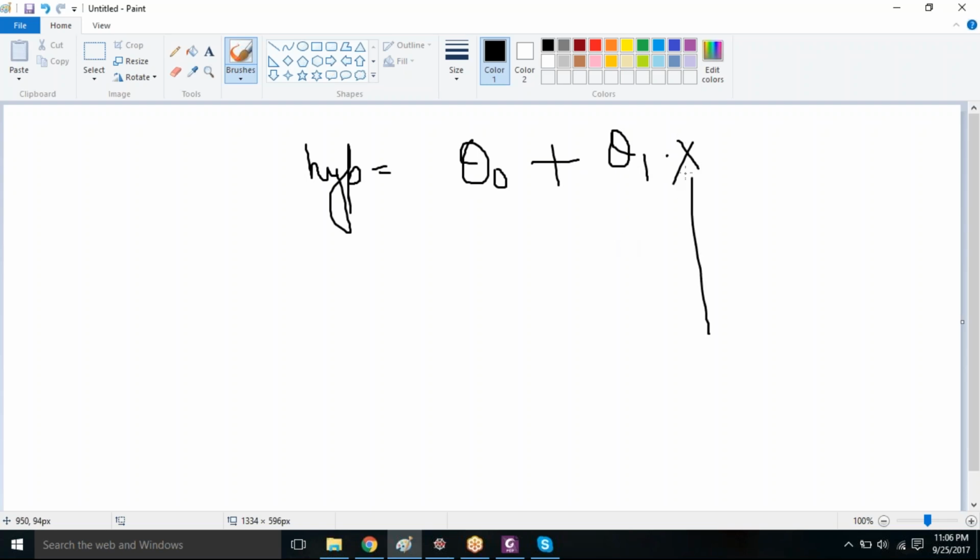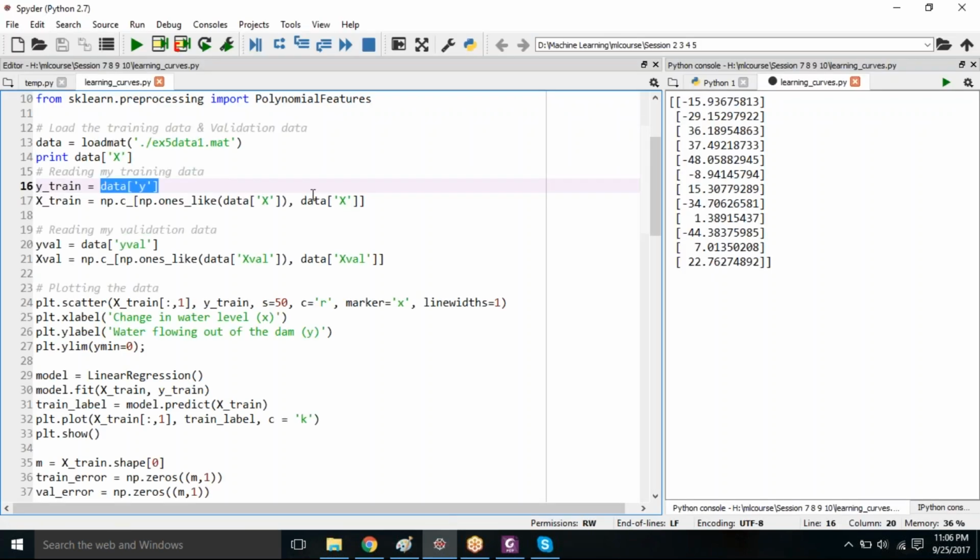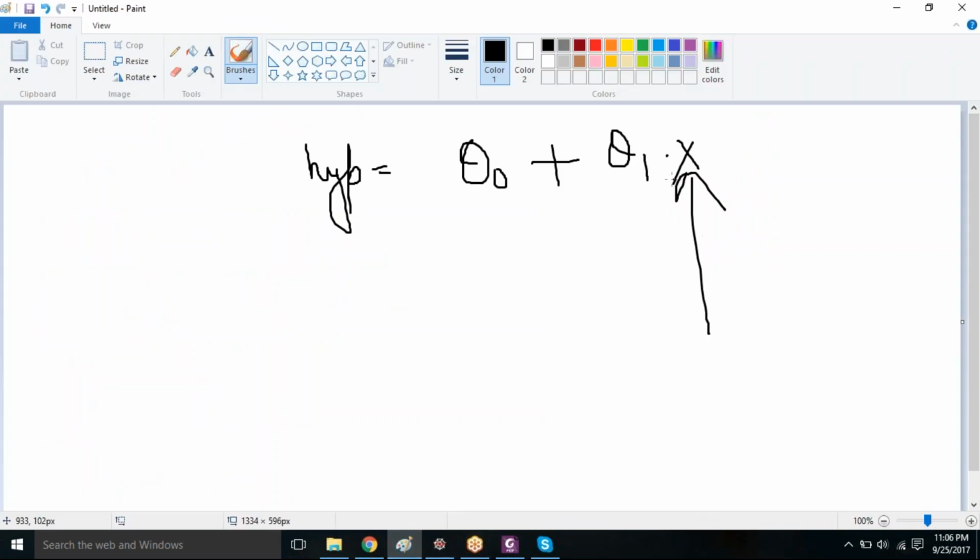So this x you know, from here, data x, and data y. Data y is the amount of water which will flow out, and x is the change in the water level. Now this np dot ones will basically append 1 to each of the data points, so that we can write theta naught into 1 plus theta 1 into x.